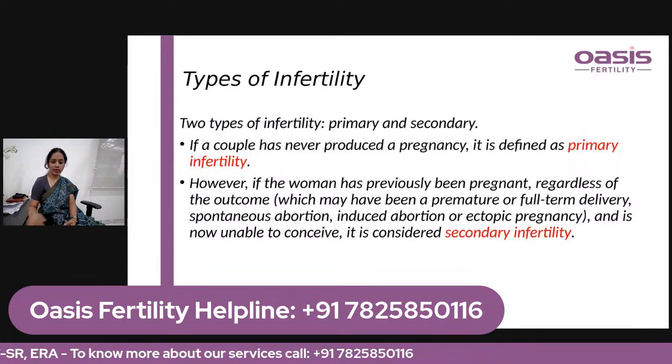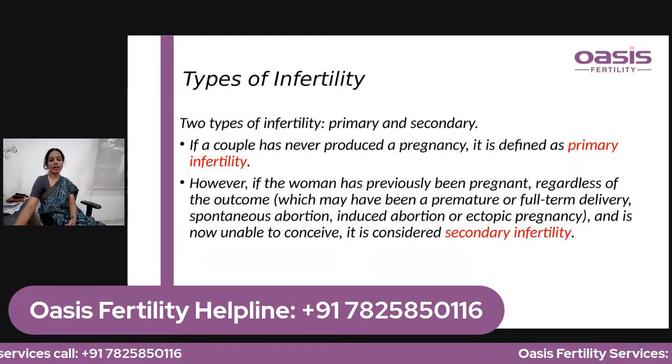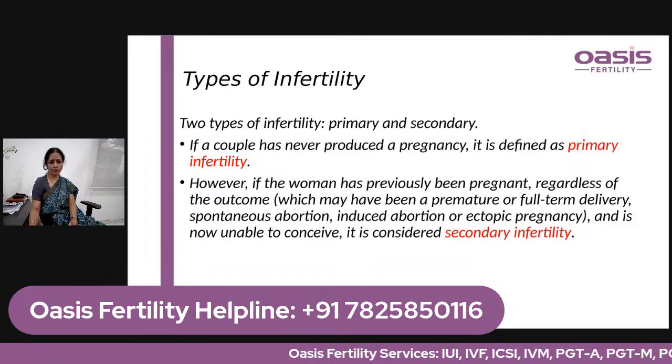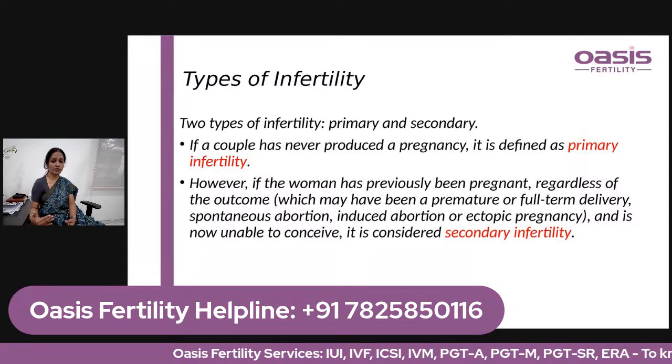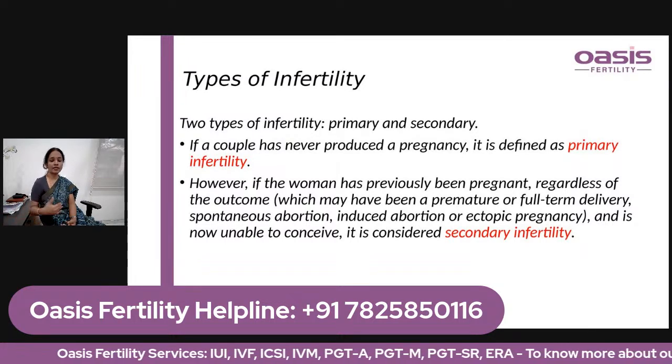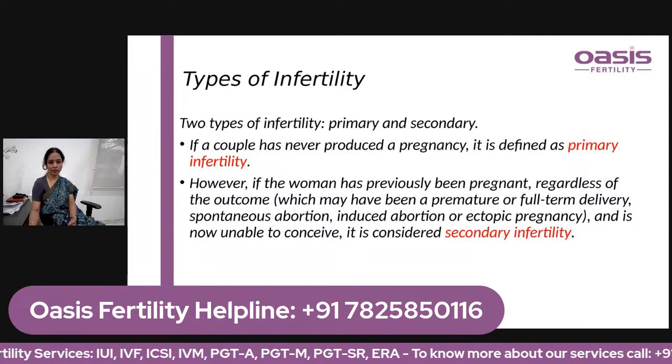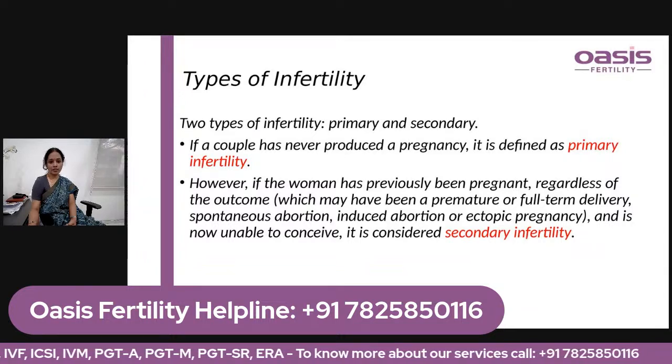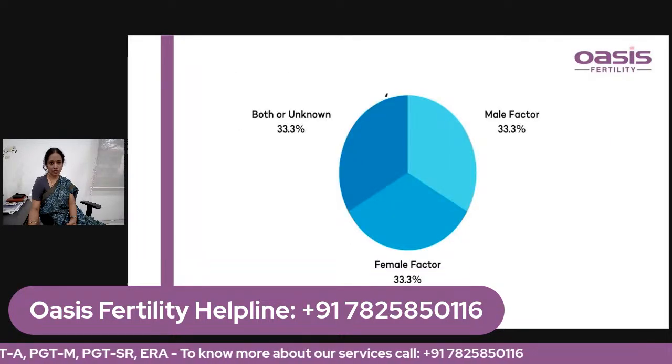It is important to categorize the type of infertility at the outset to understand the reasons behind it, because some causes are specific to secondary infertility and some are specific to primary infertility.